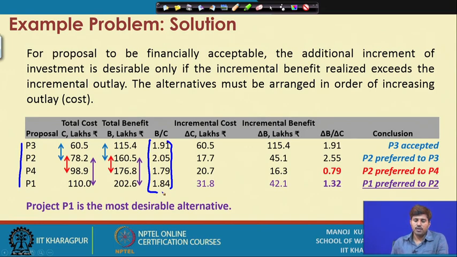At first we compare the lowest investment against a zero case scenario when nothing exists. In that case the delta C, the net investment, is 60.5 lakh rupees, and the net benefit delta B is 11.5.